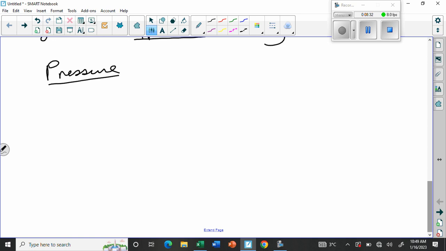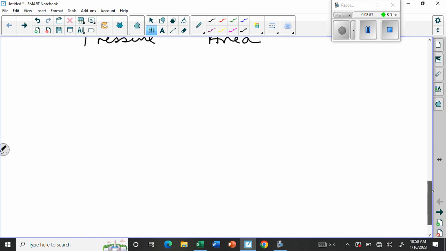Pressure has to do with force, but it's very particular. It's when you take a force and you push on something, the pressure you make depends on how much area the force is spread out over. So I'll give you an example. If you cut your steak with a sharp knife, let's look at a knife.